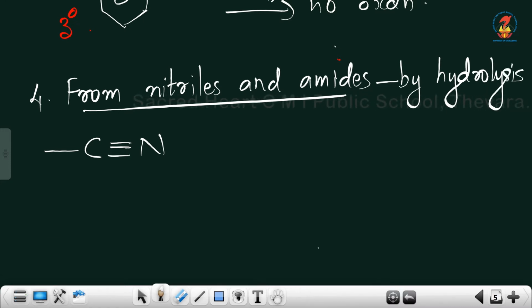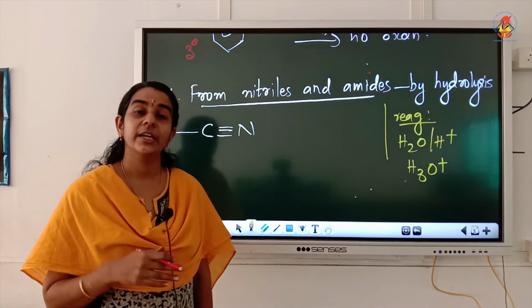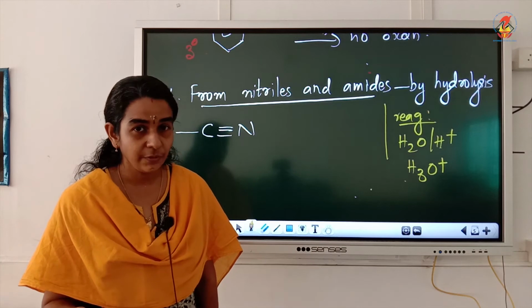And we know that the reagent for hydrolysis is either H2O, H plus, or H3O plus, that is acidified water. Instead of this, we can use alkaline water also.